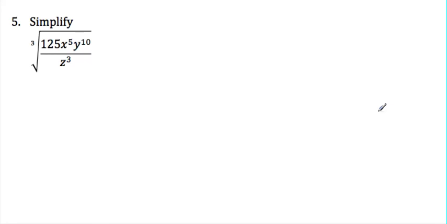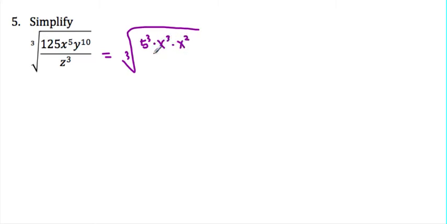Number 5. So I want you to simplify this one. But notice that we have a cube root. That means we need a perfect cube to come out of the cube root. Then 125, as we know, is 5 to the third power. X to the fifth power, I can break that into x to the third times x squared.